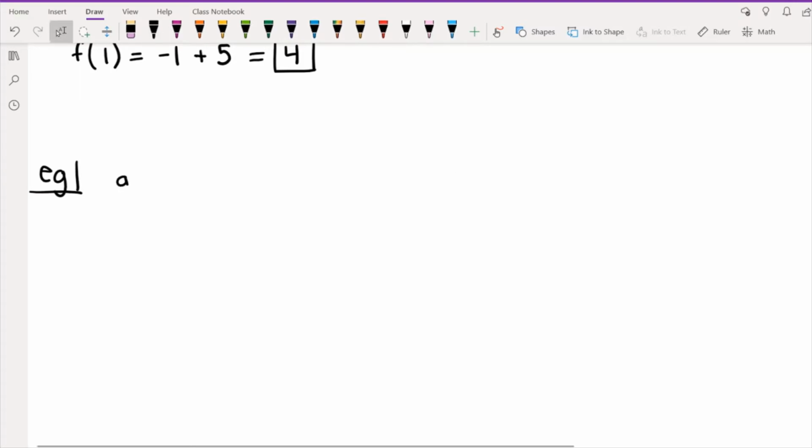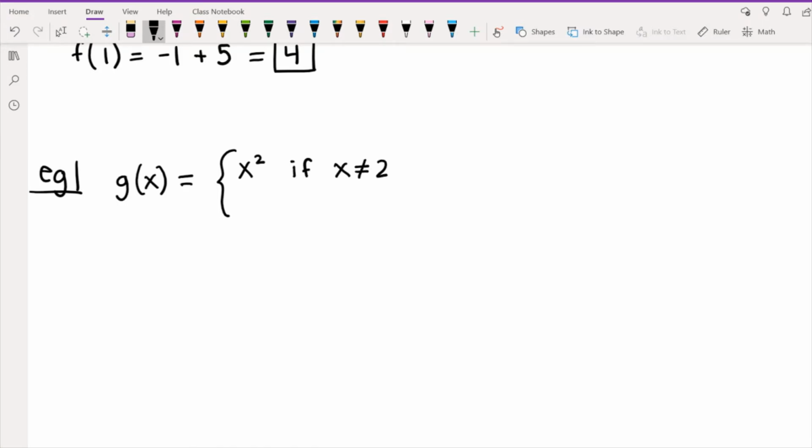So this piecewise function says g of x is equal to, so we have x squared if x is not equal to 2, and then we have 5 if x is equal to 2. So just like the last example, you can think of this as a set of instructions. It's a little bit different, but really the idea is very similar.